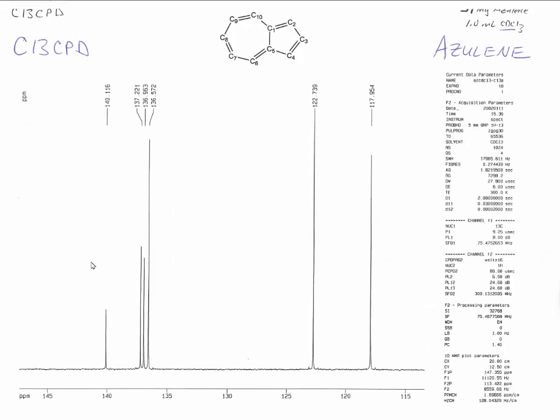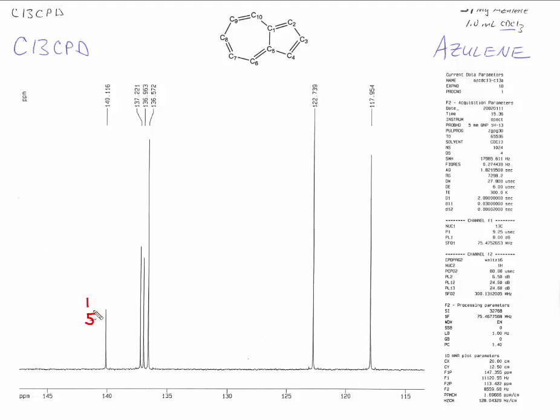And so here's the original spectrum, and we now know that this peak at 140 parts per million is due to the pair 1,5. And the rest of the peaks we've already identified.